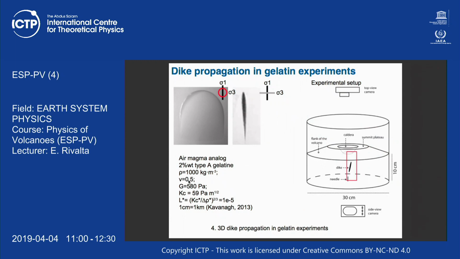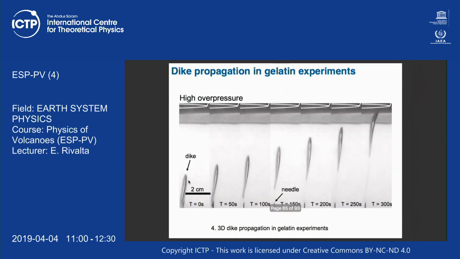Here Fabio also did some gelatin experiments with a shaped volcano. He shaped it with a caldera and with a slope for the flank in a container.